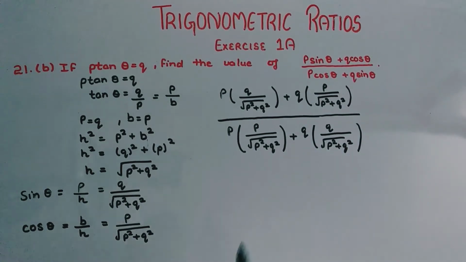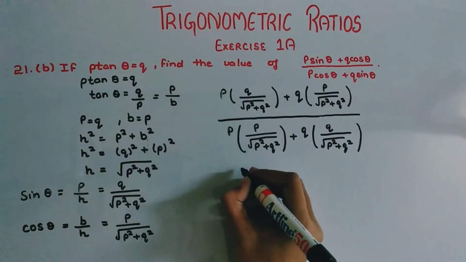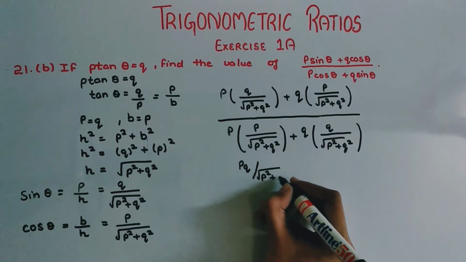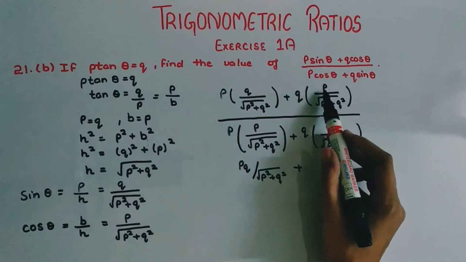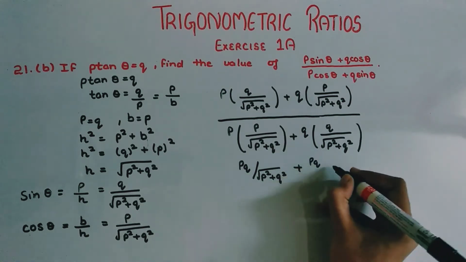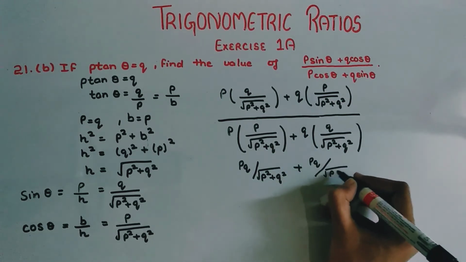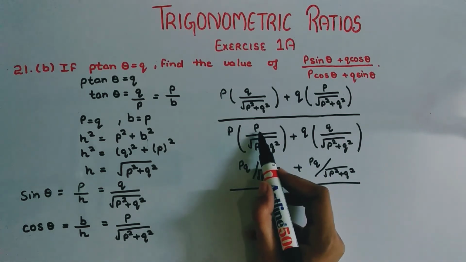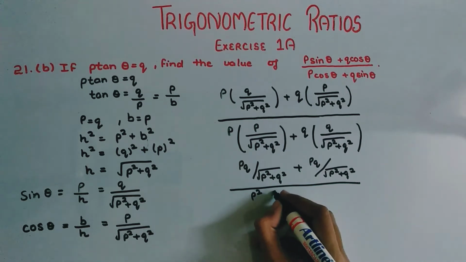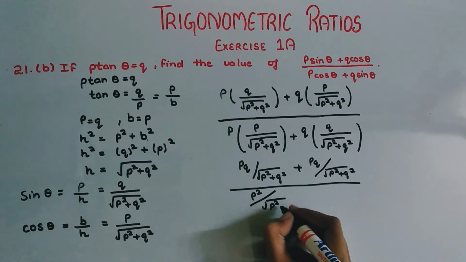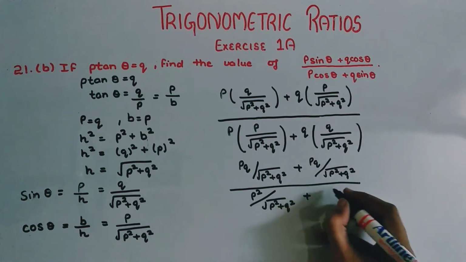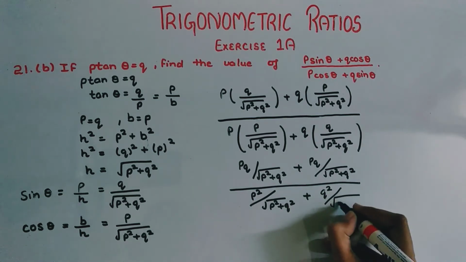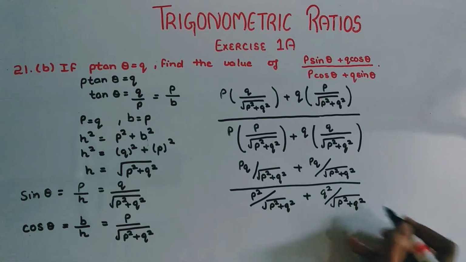Next, now we will multiply these terms within the brackets. This will be PQ divided by under root P square plus Q square, plus this is also P multiplied by Q, that is PQ divided by under root P square plus Q square, divided by P multiplied by P, that is P square divided by under root P square plus Q square, plus Q multiplied by Q, that is Q square divided by under root P square plus Q square.